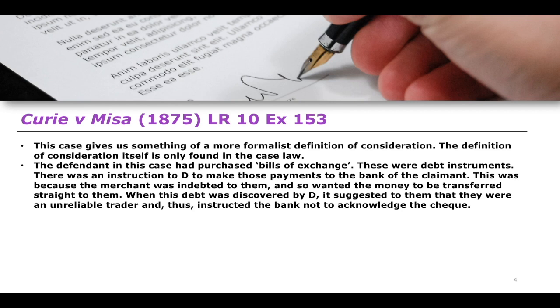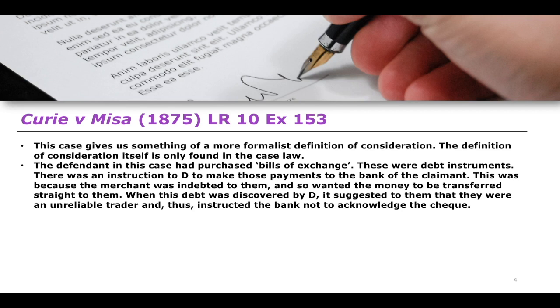These were essentially debt instruments in relation to corporate securities. There was an instruction to the defendant to make those payments to the bank of the claimant. This was because the merchant was indebted to them, and so they wanted the money to be transferred straight to them rather than having to go through the rigmarole of transferring it afterwards.